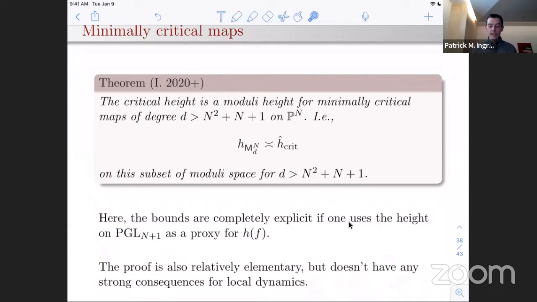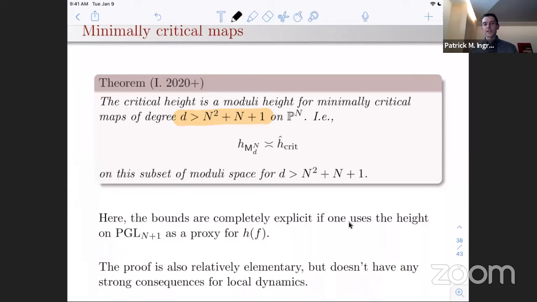So the critical height is a moduli height for these quote unquote minimally critical examples, with one little condition here, which is that, whoops, I normally have a condition d at least 2, and for this particular result, for reasons that show up in the proof, I need d to be somewhat larger than 2.